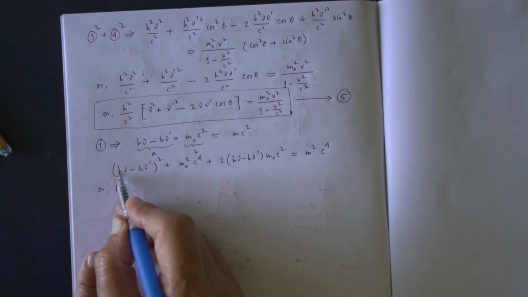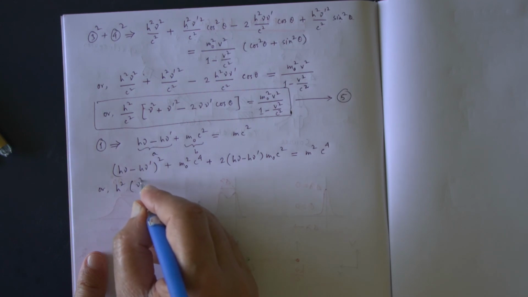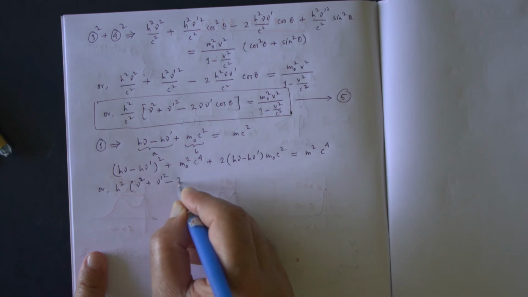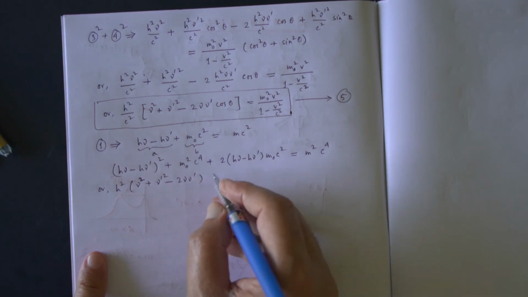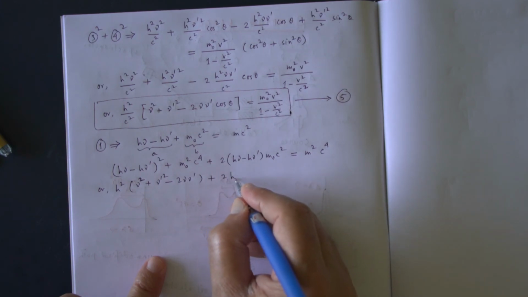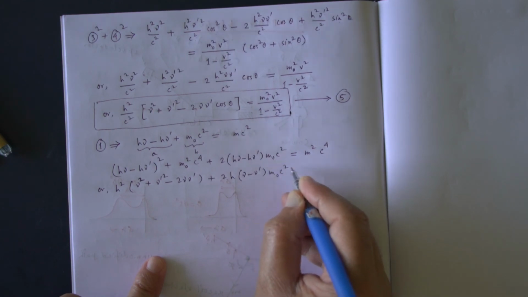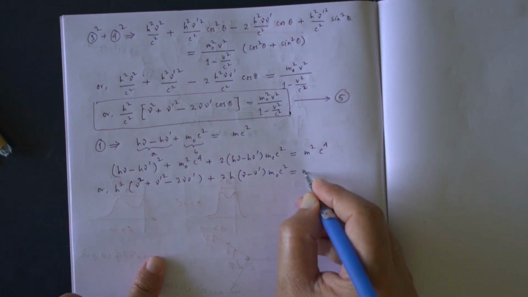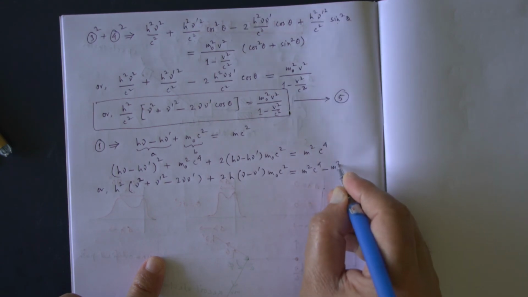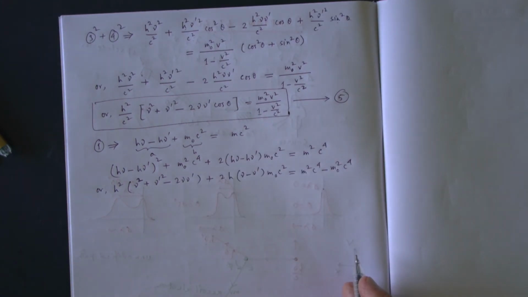Then we can write it like this. I can take h common, so nu minus nu dash whole square. So this will be nu square plus nu dash square minus 2 nu nu dash, plus 2 h nu minus nu dash m naught c square, equal to m square c to the power 4 minus m naught square c to the power 4.